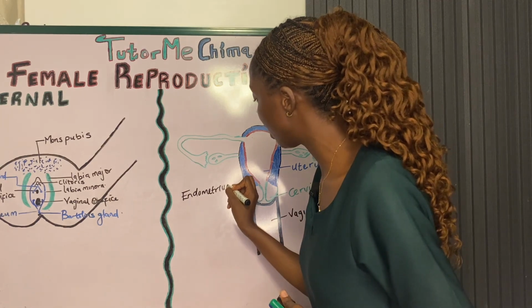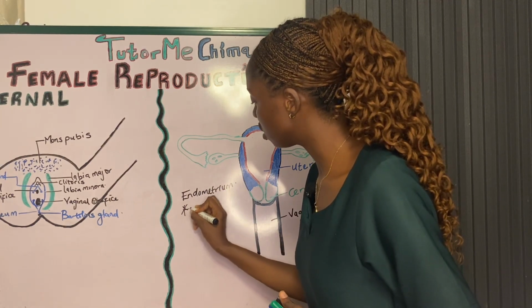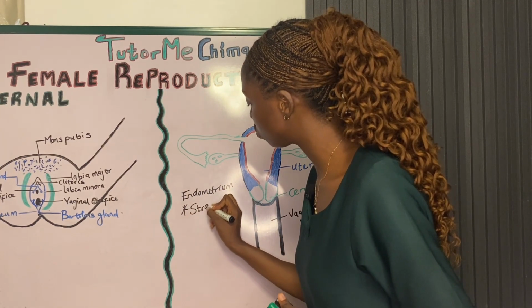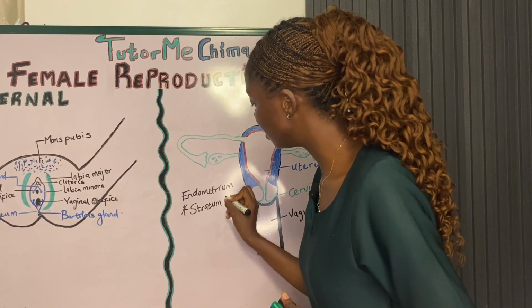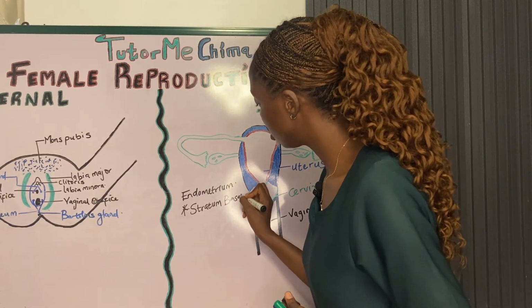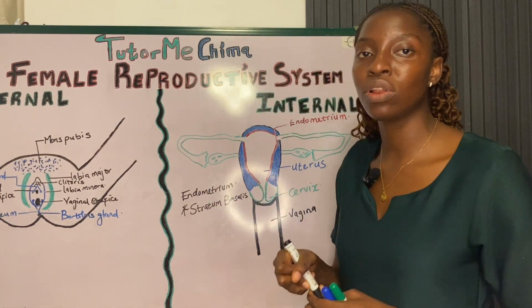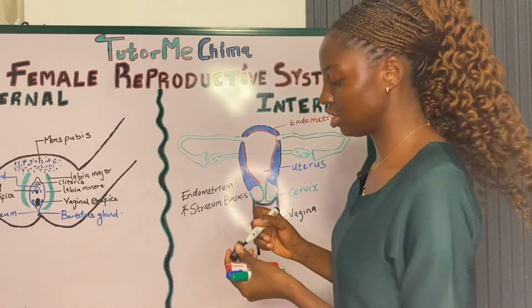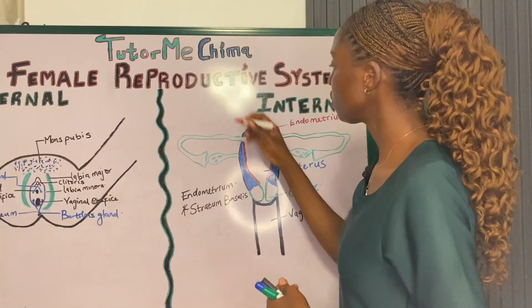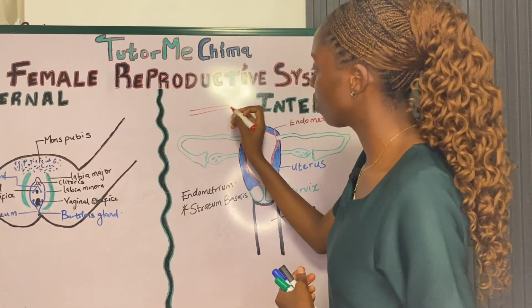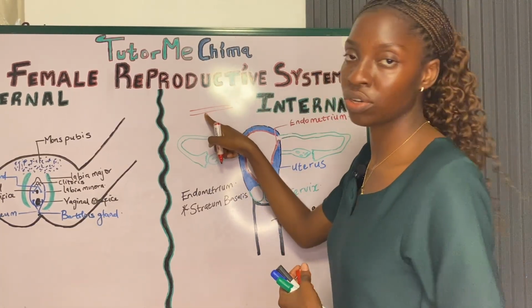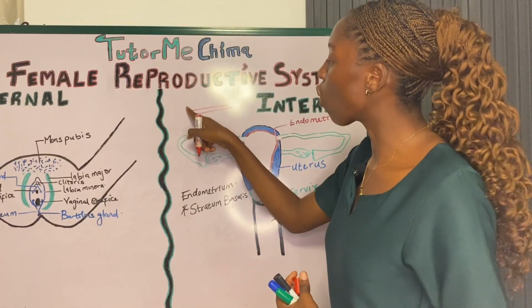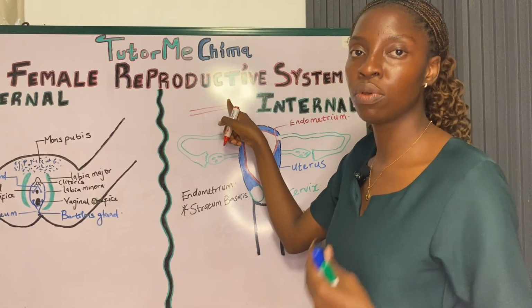it has 2 layers. And those 2 layers, the first one is called the stratum basalis. This stratum basalis is the one beneath it. Remember that I told you it's 2 layers. So let's say this is the endometrium in red. The one down is the stratum basalis, while the one up is called the stratum functionalis.